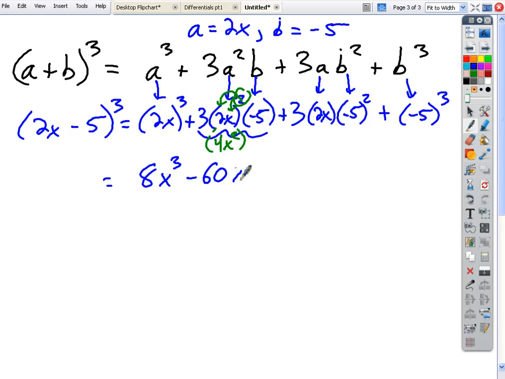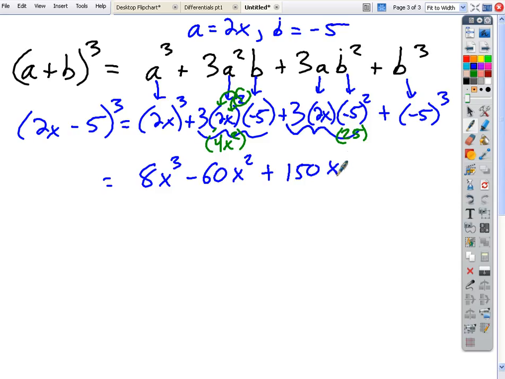Then there's an x squared. Okay, what about this guy? Negative 5 squared is 25. So this one can get replaced by a 25. So 3 times 2 times 25 is 150, so it's positive 150x.